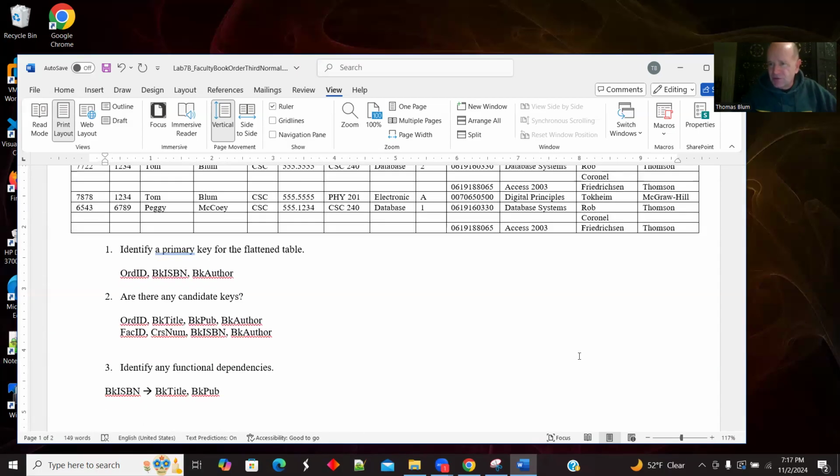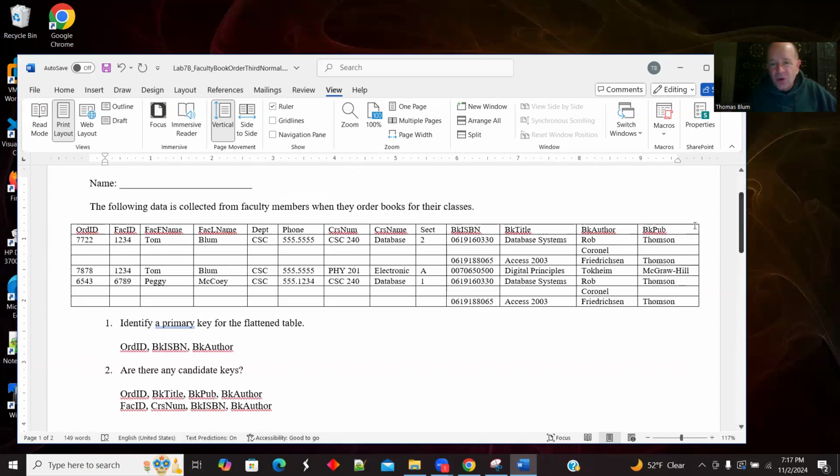And we're assuming that there's one publisher, at least for a given edition, there will most likely be one publisher. So ISBN is telling us book title and book publisher, but it won't tell us book author because that's multi-valued, or at least originally it was multi-valued.